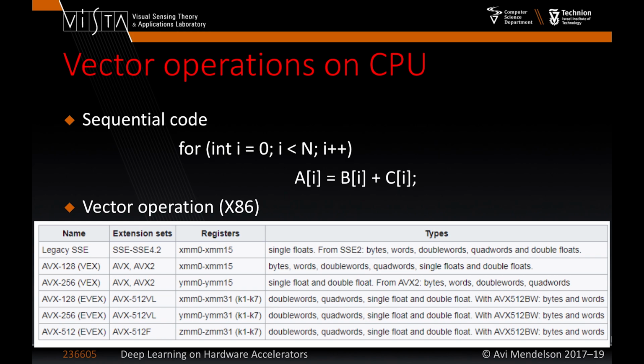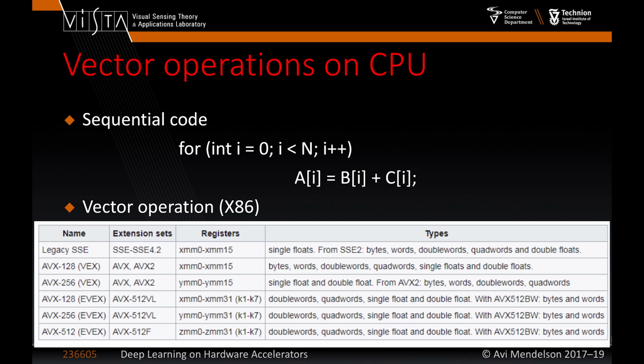The first thing they do is look at the CPUID, and then they say, okay, if you have AVX 512, I will use this version, etc. This is very nice for academic work.